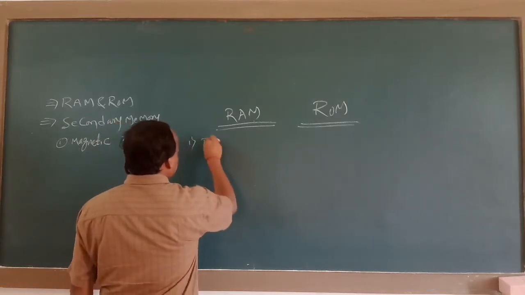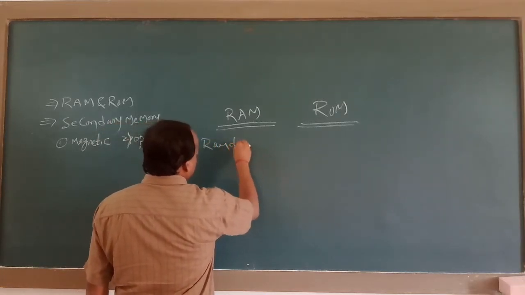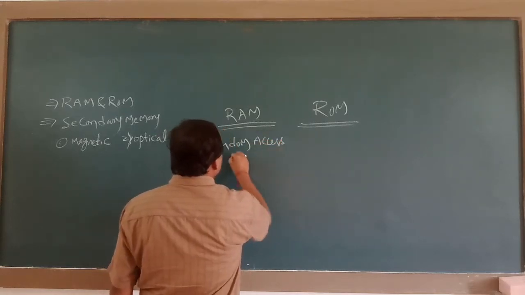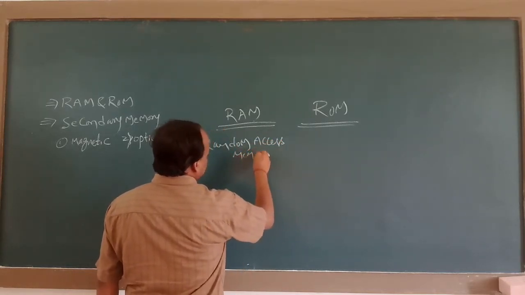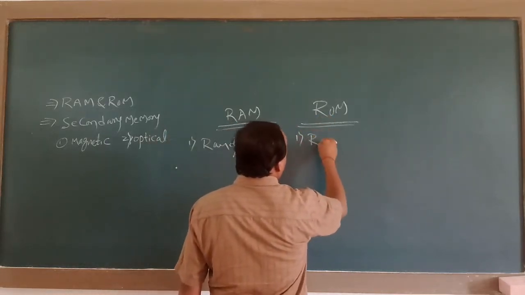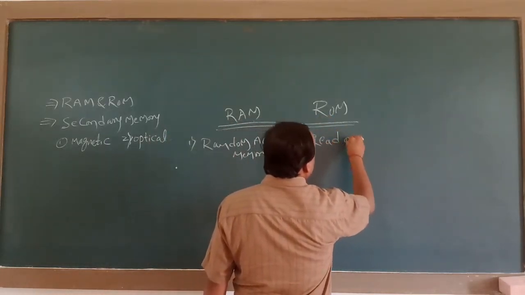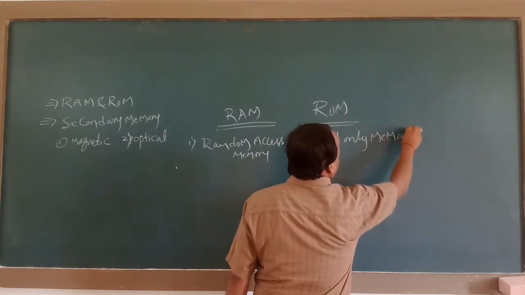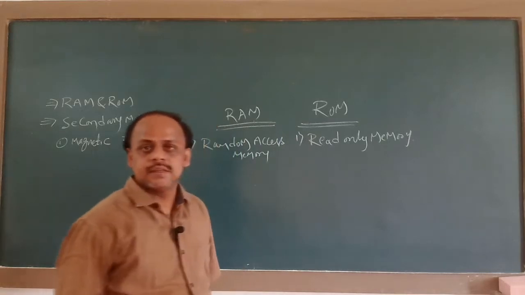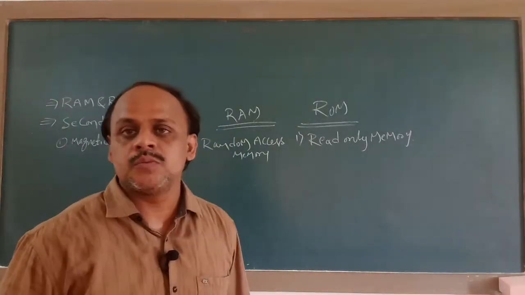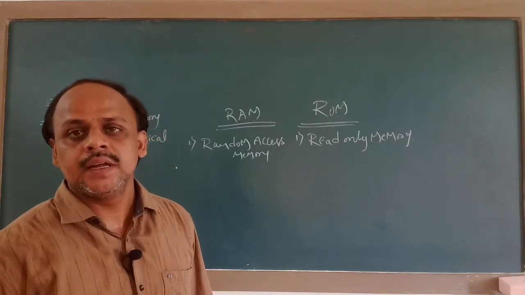RAM stands for random access memory, whereas ROM stands for read only memory. RAM stands for random access memory, ROM stands for read only memory.